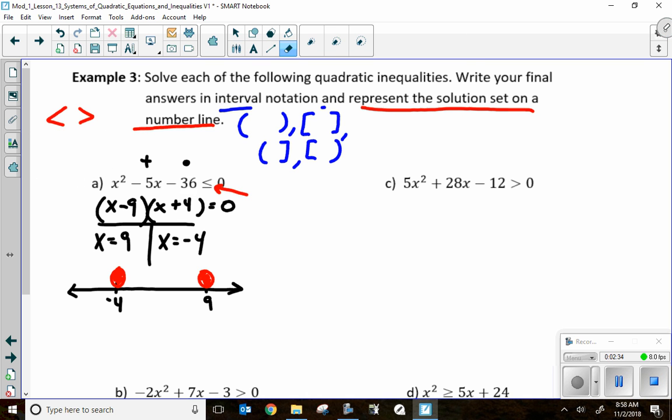If those lines were not there, then I would not fill in the dots. I would have an empty circle there. The line underneath just means it includes the numbers. And we want to include negative 4 and 9 in our answer.